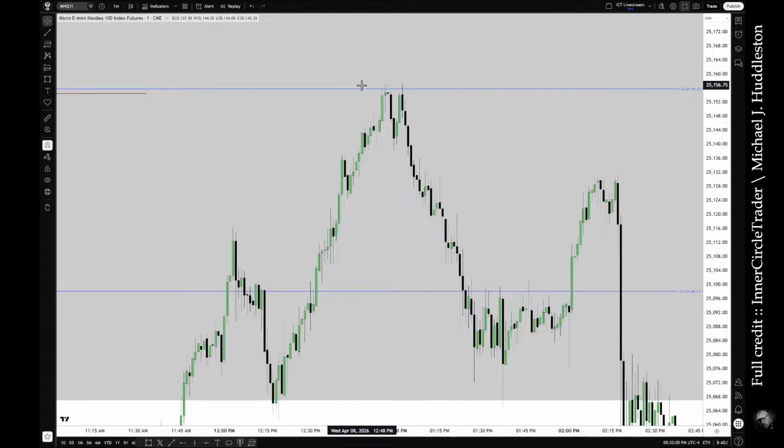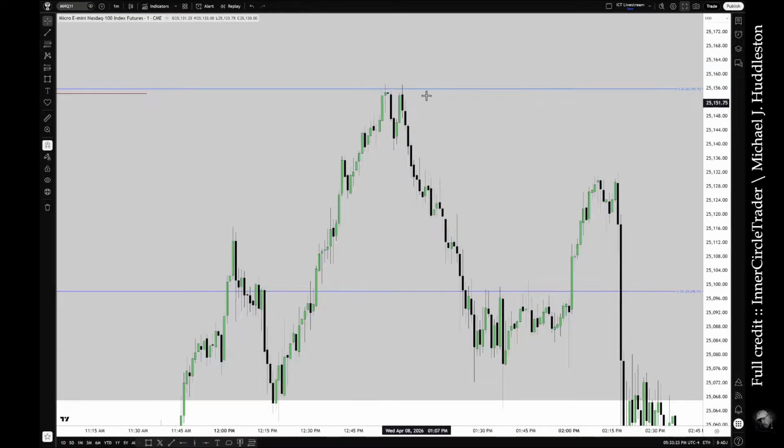Now you tell me, do the bodies touch that level? No. Is that bearish or bullish? As I teach it. Think. It's bearish because the bodies are not touching that level.